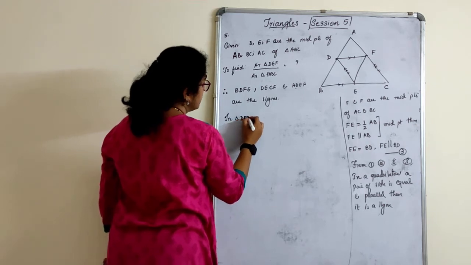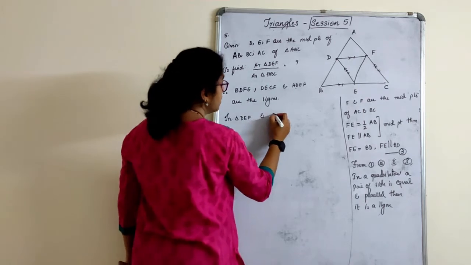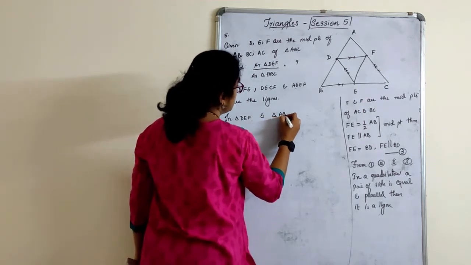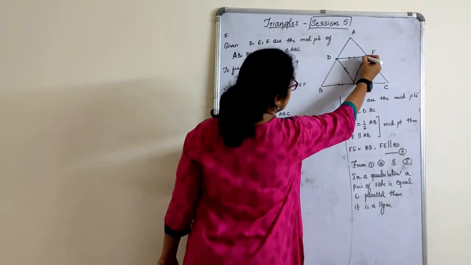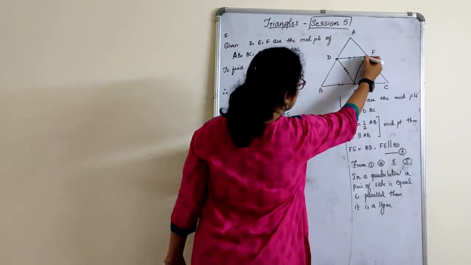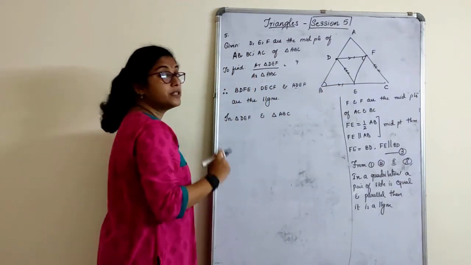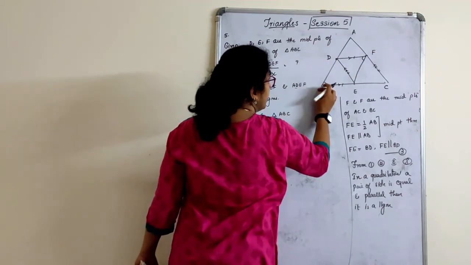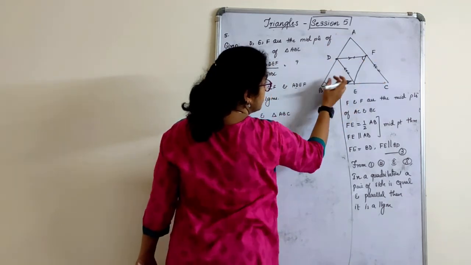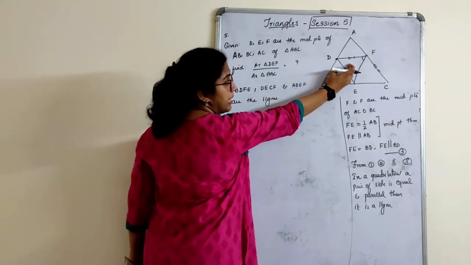In triangle DEF, because we need to prove first of all they are similar, and triangle ABC. So here DEF is this part. Now, and ABC. Can I tell this angle is equal to this angle? Reason? Opposite angles of a parallelogram are equal. See, in DEF this angle. In triangle ABC if I consider, this also will come under the parallelogram part only, because this is a parallelogram.